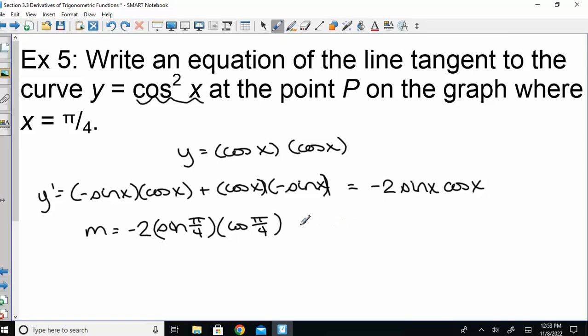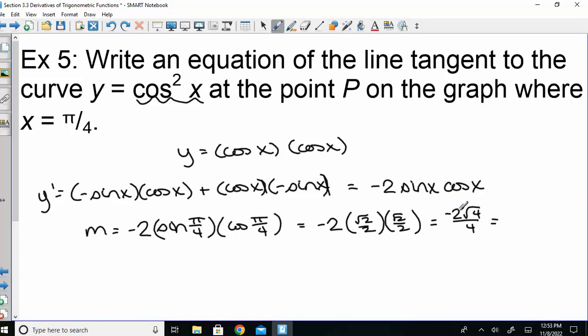Pi over 4, that's the same as 45 degrees. Sine of 45 degrees? Radical 2 over 2. Cosine of 45? Radical 2 over 2. Okay. So I get negative 2 times the square root of 4 over 4.